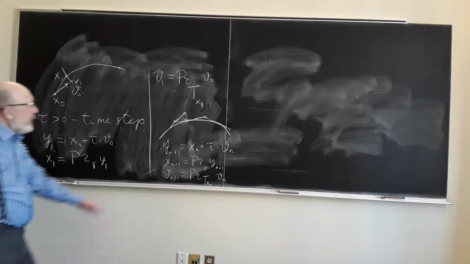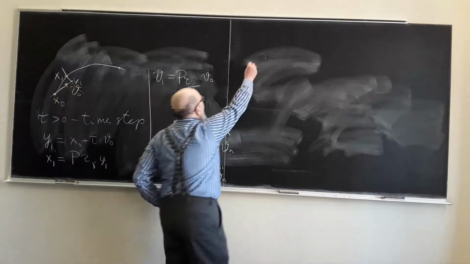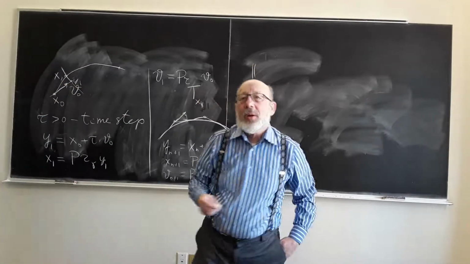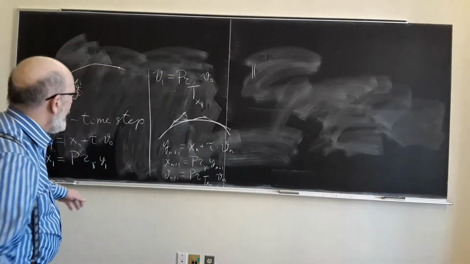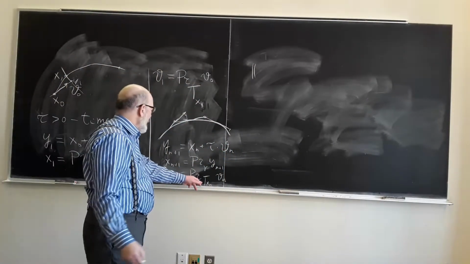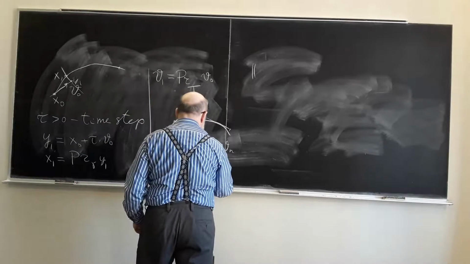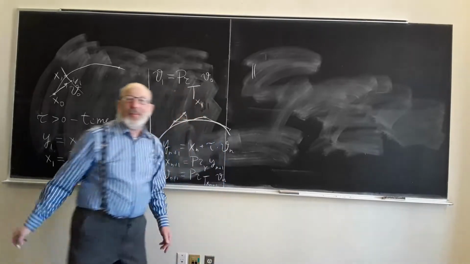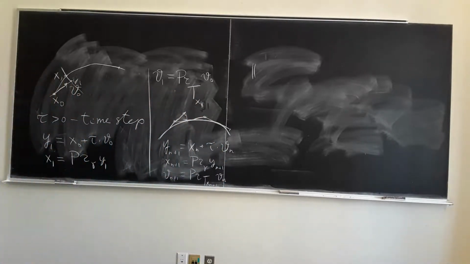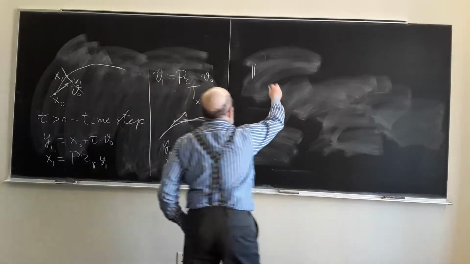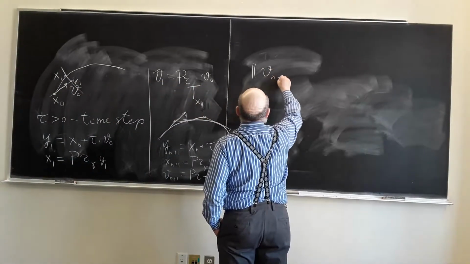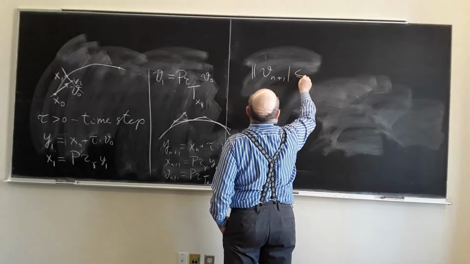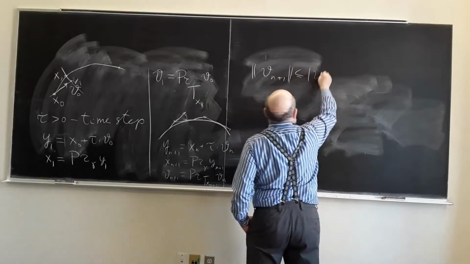Here the last line is the tangent at x n plus 1, yes. The norm of v n plus 1 is always less than or equal to the norm of vn.